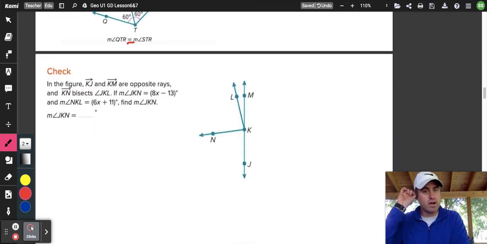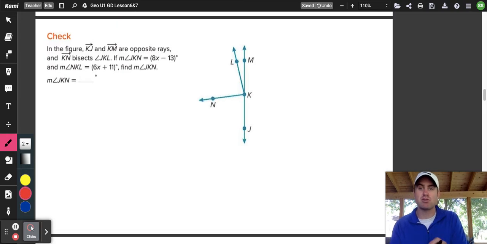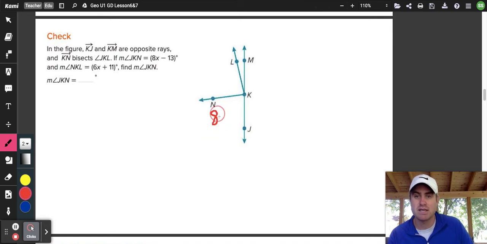All right, another quick problem here, a little check. This is going to have some algebra here. So KM and KJ are opposite rays, meaning they're equal to 180 degrees. We have JKN is equal to 8x minus 13.